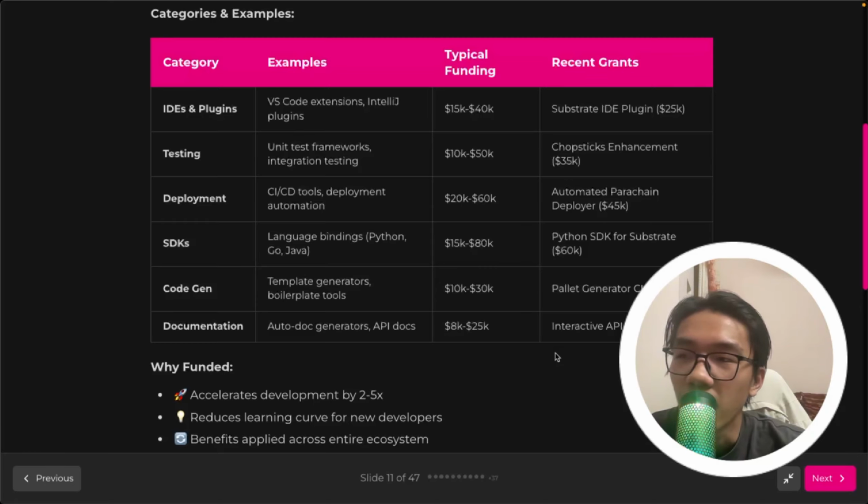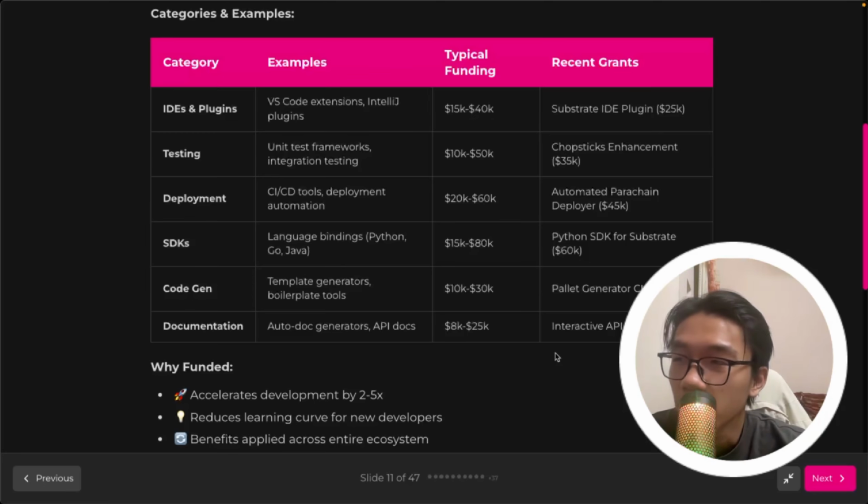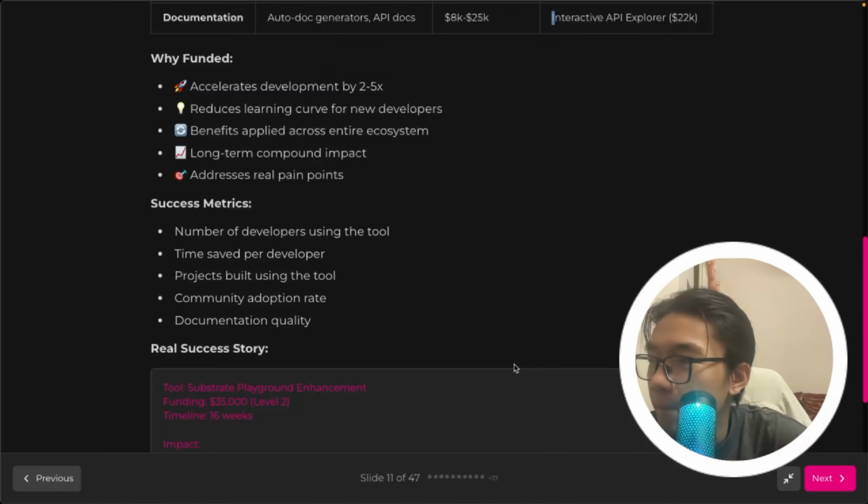The typical funding is around $15,000 to $40,000. A recent example is a Rust IDE plugin, which took around 25k. Then you also have other tools for testing, deployment, SDKs, toolchains, and documentation, which you can reference here.